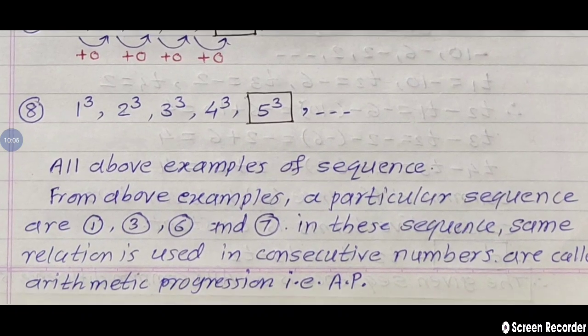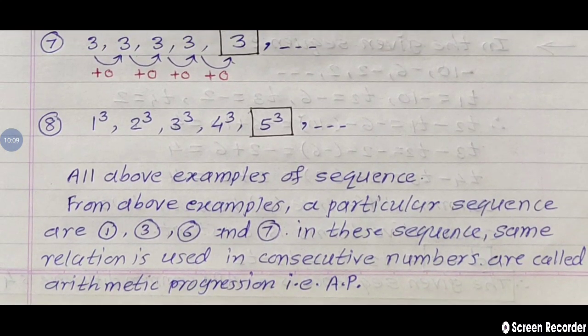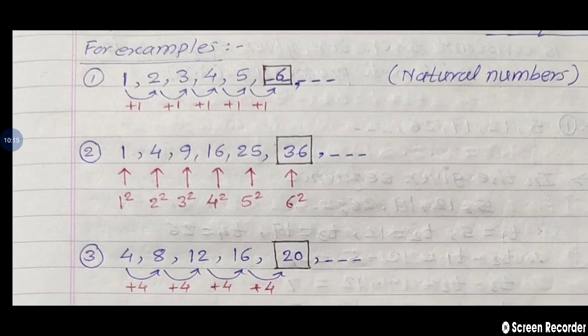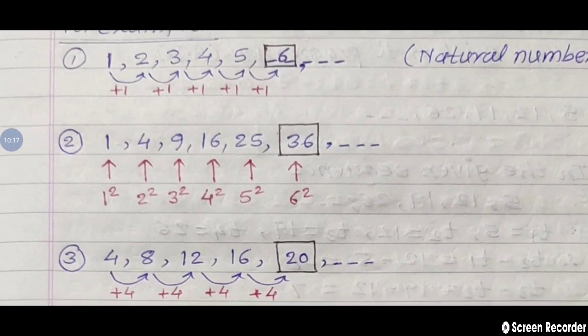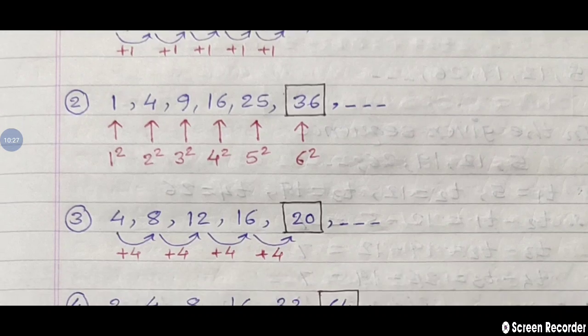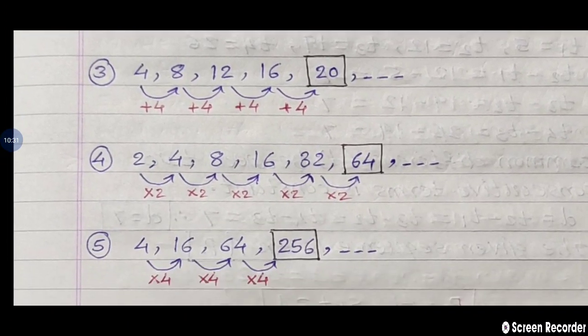From the above examples, a particular sequence, that is example number 1, 3, 6 and 7. Check now. What do you observe in 1 and 3? In example number 1, we are making the addition of 1 to the previous term to obtain the next term. In the third example, addition of 4 to the previous term, then obtain the next terms.